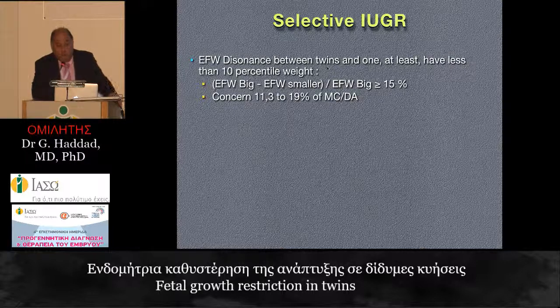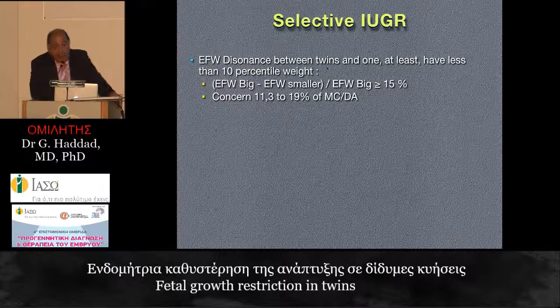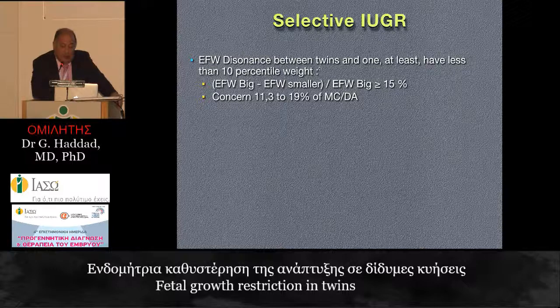I haven't spoken about all the curves because we have a lot of curves actually, but I think in the future we will all use prospective curves, like, for example, Intergrowth-21. I don't know if here in Greece you have begun to use it. Now we use it in France, and I think this will be for everyone, because you have more than 200 ways to calculate the fetal weight.